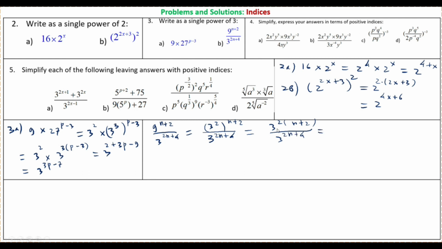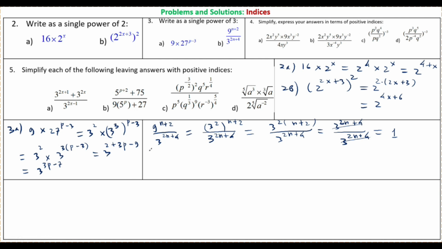You can see here that becomes 3 to the power of 2n plus 4 divided by 3 to the power of 2n plus 4. So we can cross this out. It becomes 1. So that's for 3b. Number 4a, simplify. Express your answer in terms of positive indices.